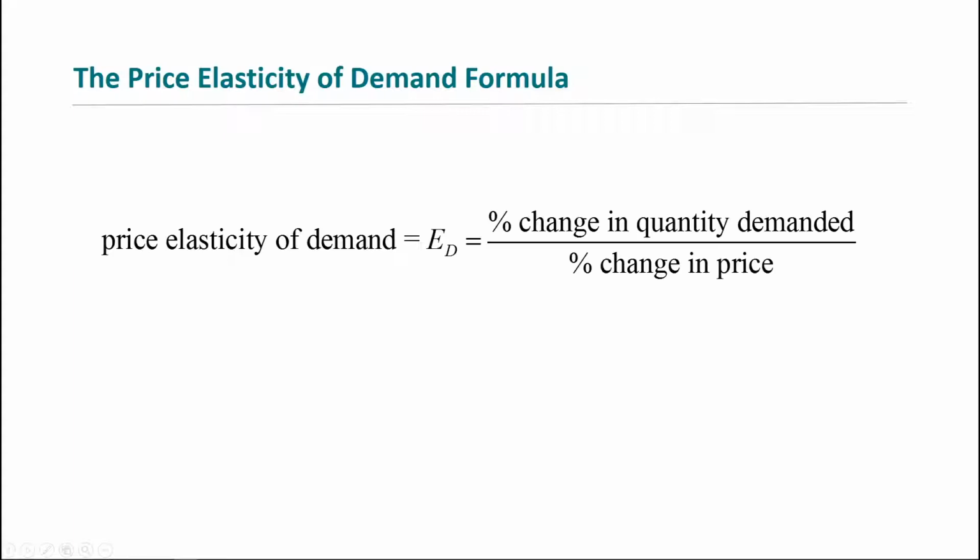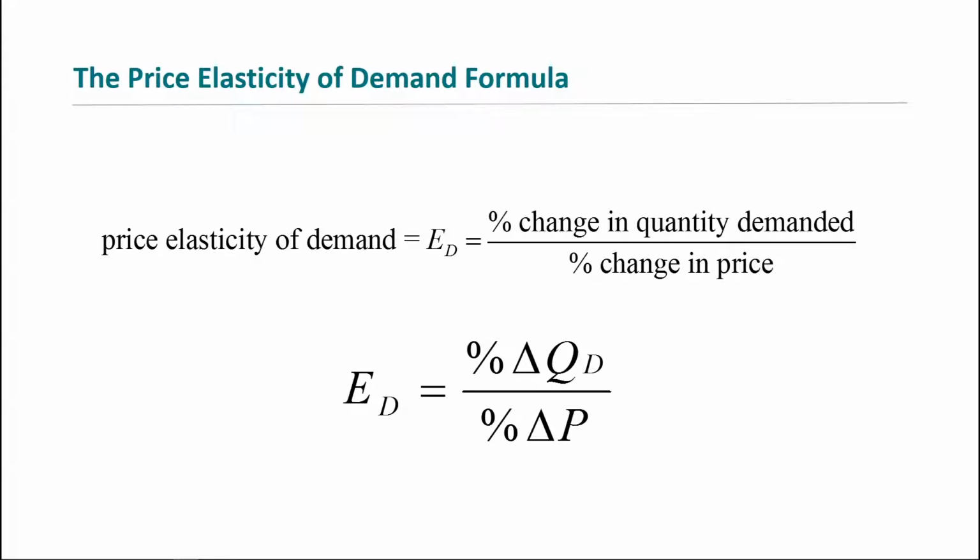So let's get into the math of it a little bit. Let's talk about how to calculate a value for elasticity of demand. So price elasticity of demand is calculated as the percent change in quantity demanded divided by the percent change in price.